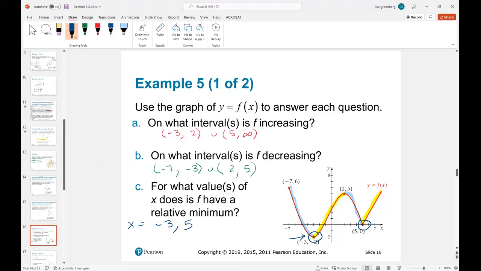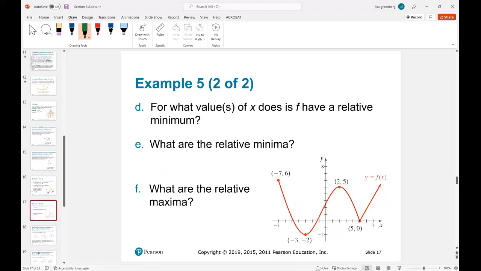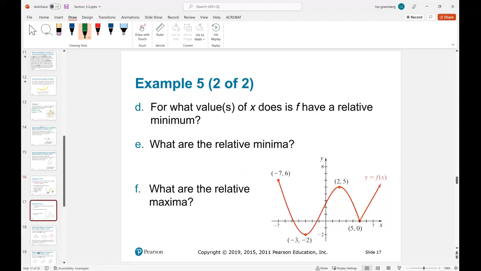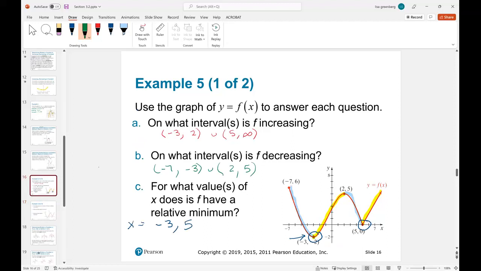So I don't know if the next slide asks that. Yeah, it does. Okay, so I won't tell you ahead of time. For what values of x does f have a relative minimum? I already did that. I'm not really sure why it's asking me that again. It says exactly the same thing.